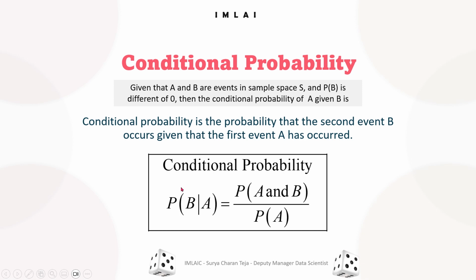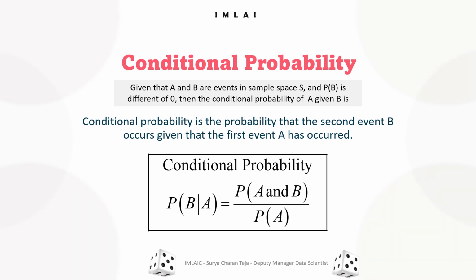Probability of B vertical bar A represents the probability of B occurring given that first event A has occurred.